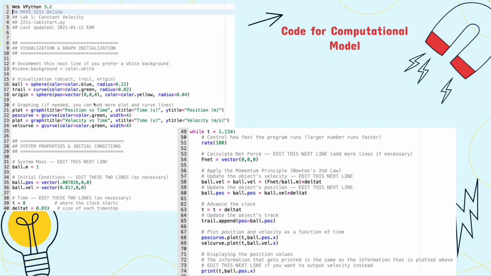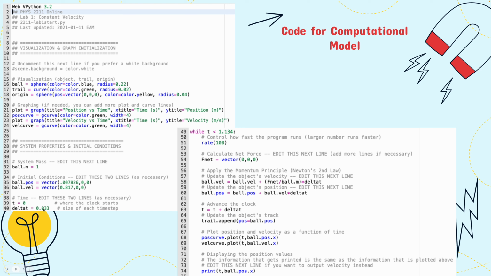Then I inputted all these data that I calculated into GlowScript, and I changed the ball initial condition because it started out at 0.007826 meters in Tracker, and then the velocity I inputted was the initial velocity I just calculated.